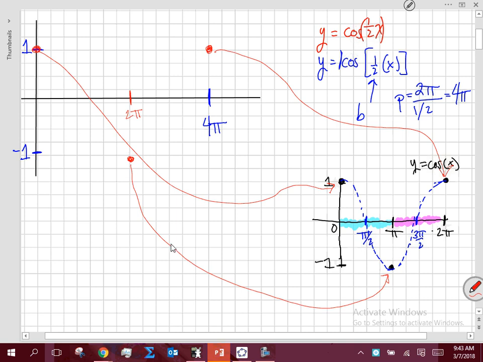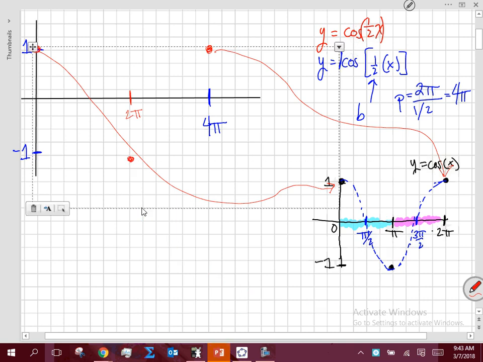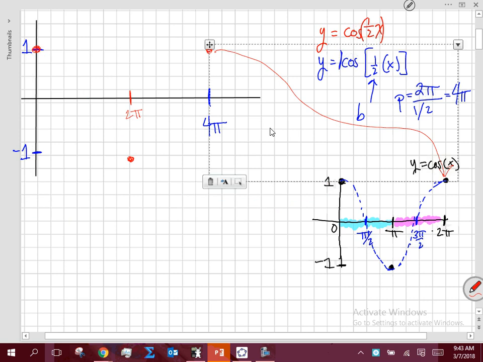Okay. And I'm going to delete those lines, so wait a minute. Now, if we look at that point there, that pi over 2 mark, that x-intercept, that happened halfway in between this interval here, right? That would be analogous to that blue interval in our parent function. So halfway in between would be pi.